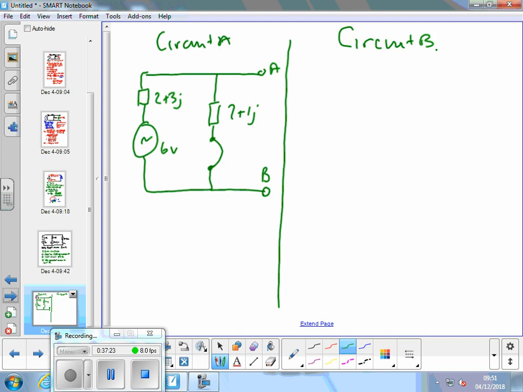We do the calculations and find V_OC for circuit A. And then we're going to keep the 2 plus 3j in there, and replace source A with a short circuit.